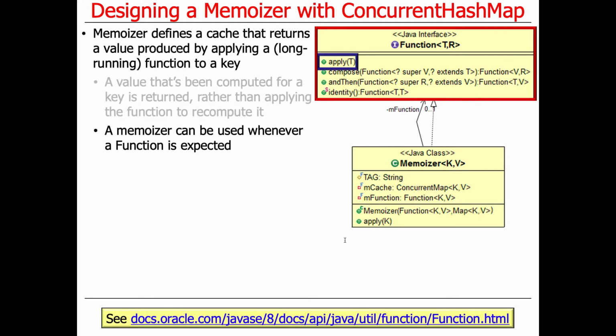Since we implement the functional interface, we can use the memoizer any place a function is expected. So if you have code that expects a function, we can transparently interpose the memoizer. And because it implements Function, it implements the apply method, which is the functional interface method on Function.